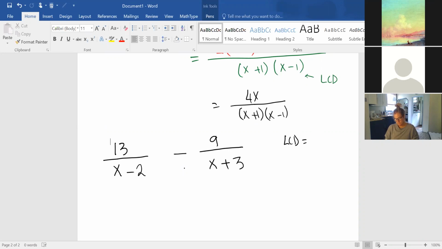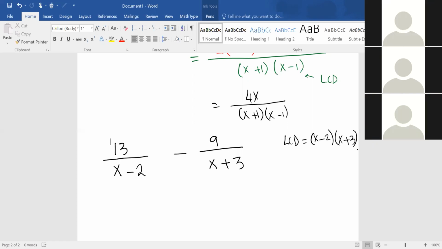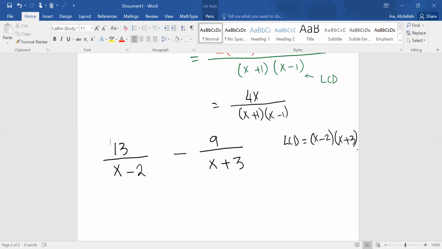So the LCD is x minus 2, x plus 3. Everybody, if you see something like that, remember this rule: if the two denominators are completely independent, the LCD will be just a combination of both.